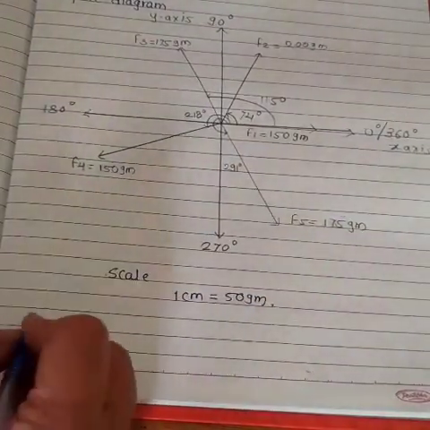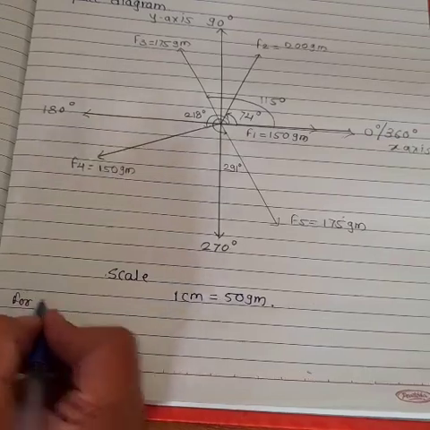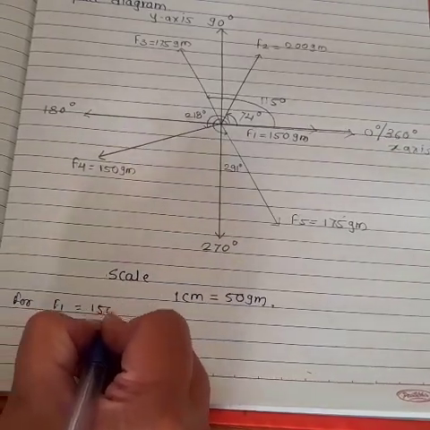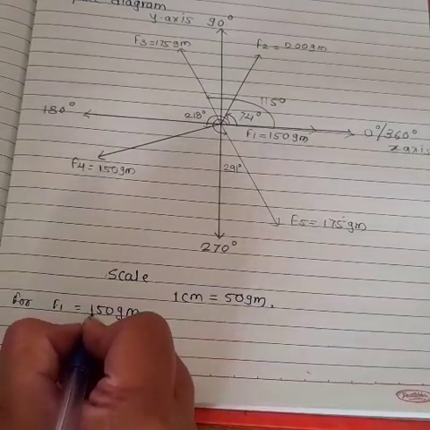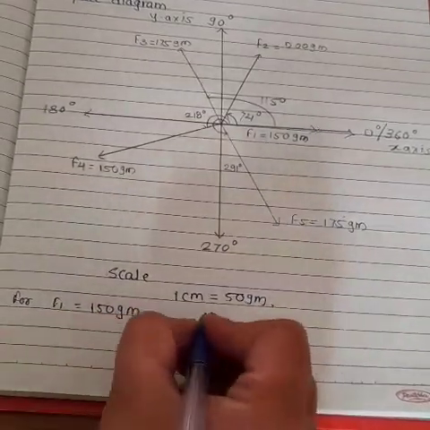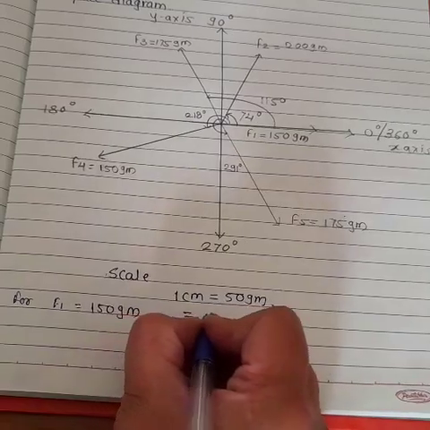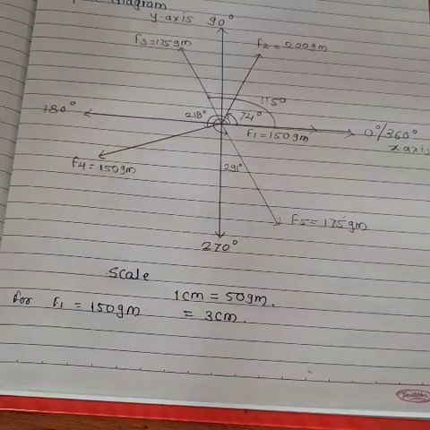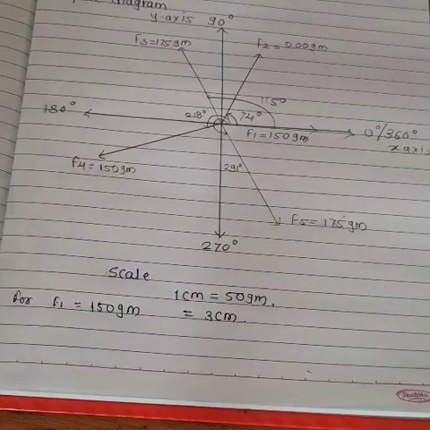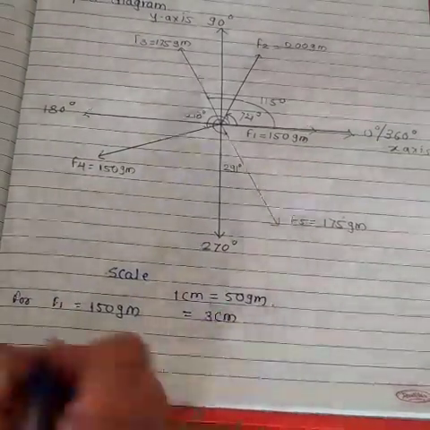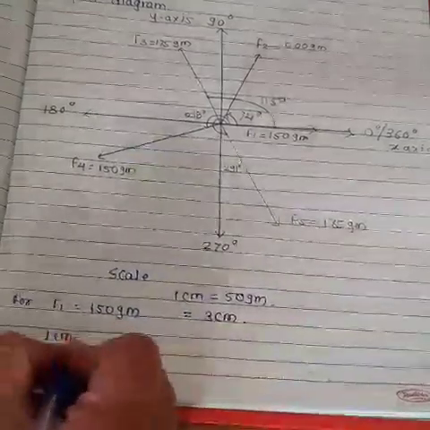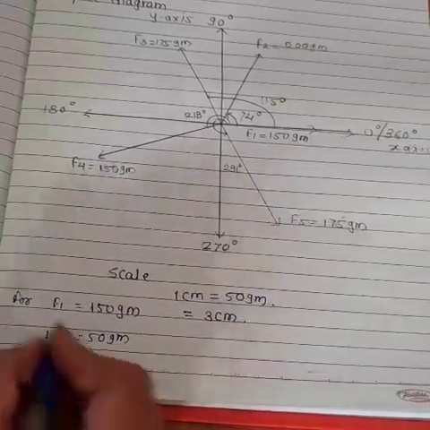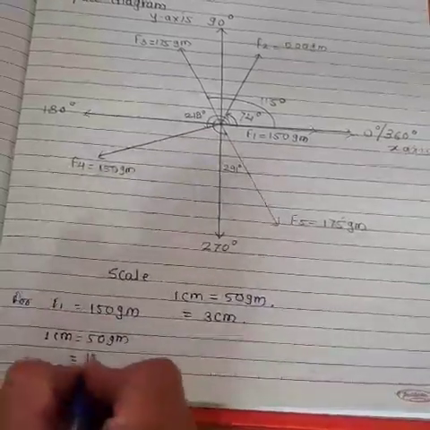So let's calculate for the first force, having 150 gram. According to the scale, the force will go to 3 centimeter. Let's see the step by step calculation for the first force. We know that 1 centimeter is equal to 50 gram. We have to calculate the length of the first force, that is 150 gram.